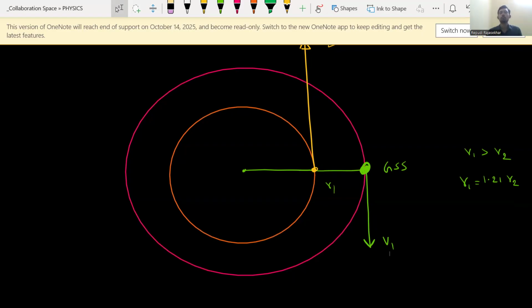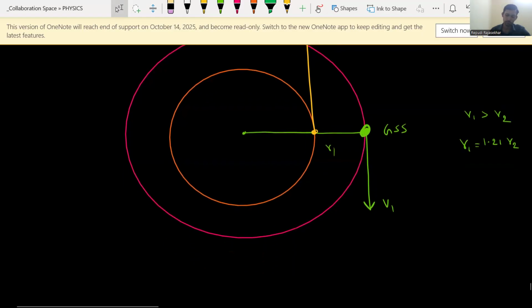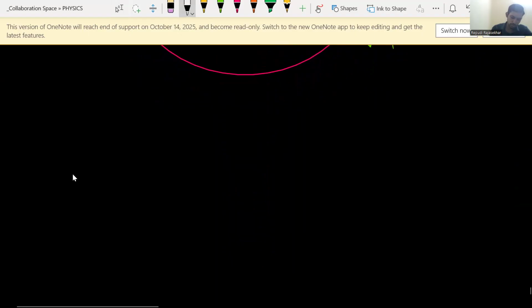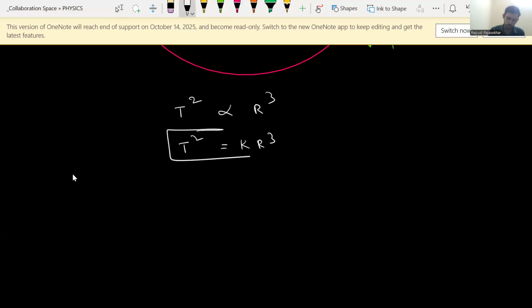Now time period. Geostationary satellite means the time period of the geostationary satellite equals the time period of the Earth. That's the meaning of geostationary. The relation between time period and radius is that the square of the time period is directly proportional to the cube of the radius. So T squared equals k into r cubed, where k is a constant, according to Kepler's third law.